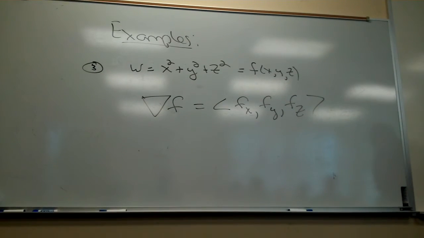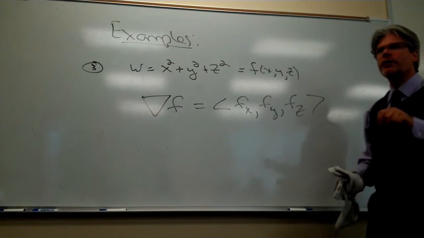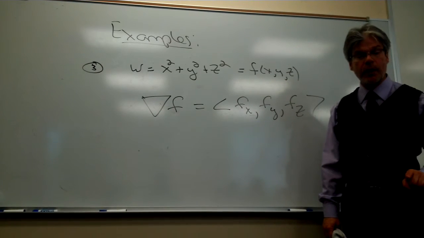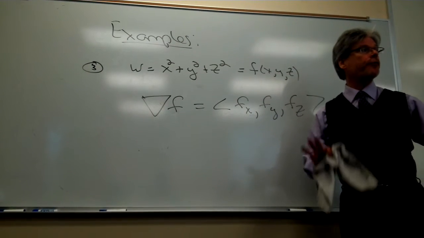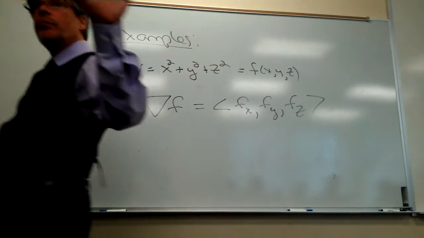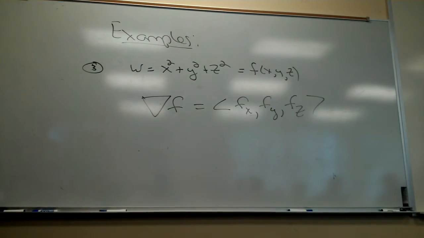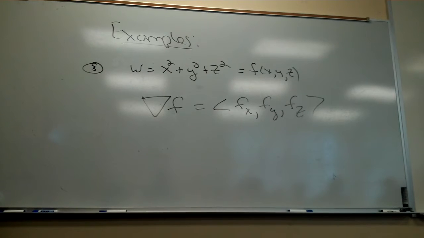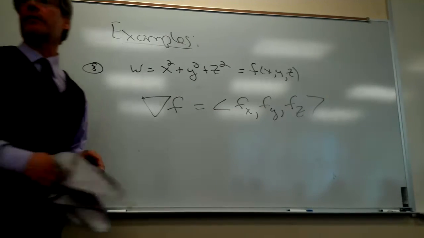And I think the only difference is now I'm looking at level surfaces for a four-dimensional object, but I still have the same game. What direction do I point to move from one level surface most rapidly to the next? It would be in the direction of the gradient vector. By the way, I don't have to stop. I can keep going in a higher dimensional space. It's just more difficult for you and I to visualize the corresponding level surfaces.